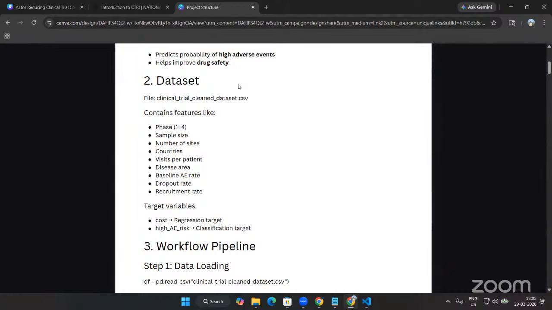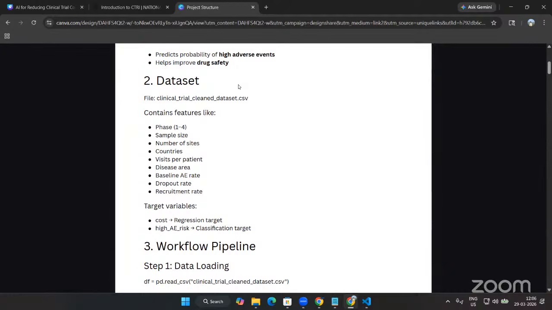Then we have target variables also. Target variables are cost, which is a regression target. Regression target means that cost is a continuous variable, and therefore the prediction for cost will come from a regression approach.